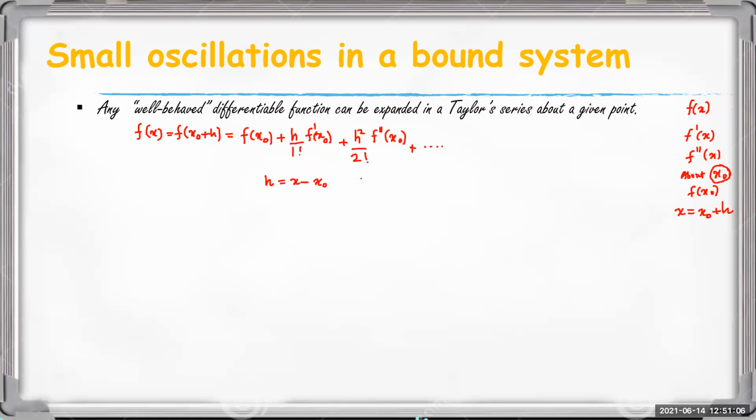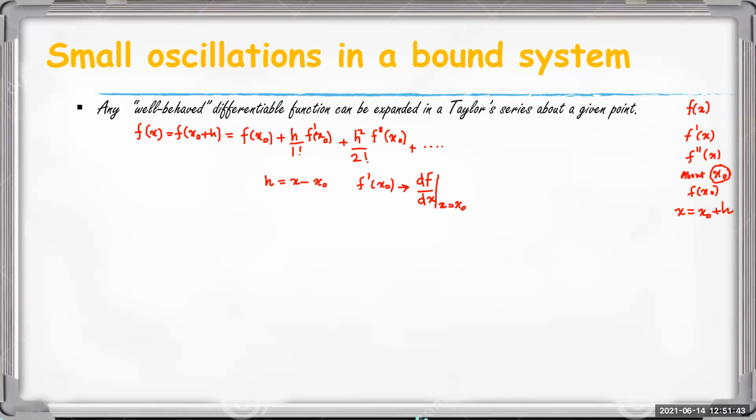And what is f dash x0? x0 is some point. Actually f dash x0 is df divided by dx. You find the derivative of f with respect to x, and after that we substitute x is equal to x0.